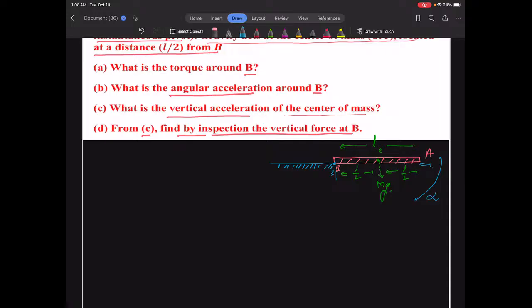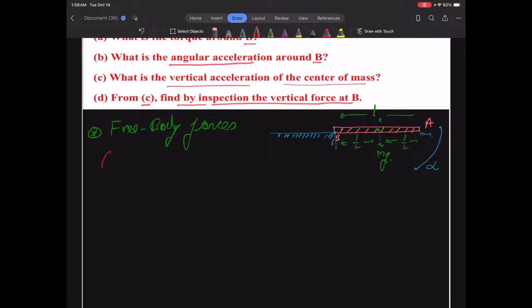So the first part is talking about the torque around B, and let us try to understand what the free body forces will be at the instant after the release.